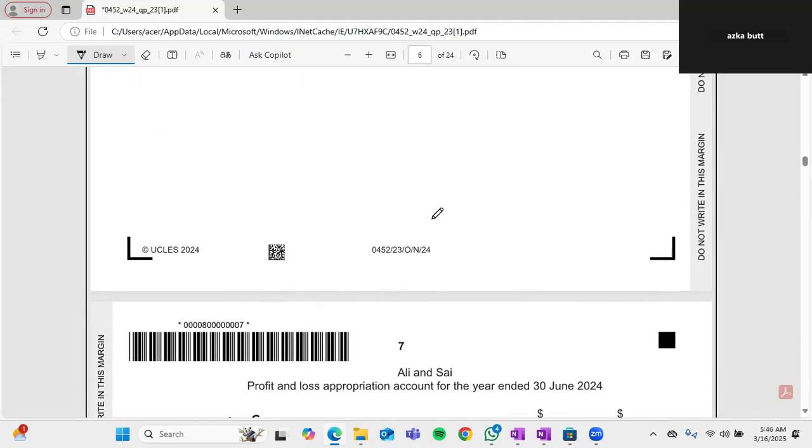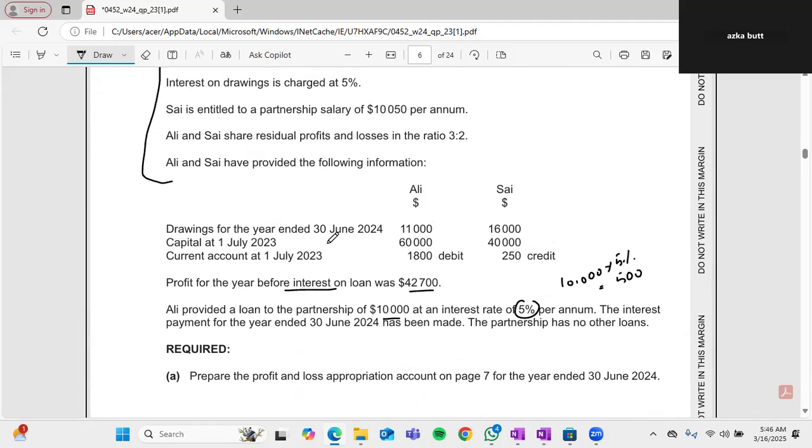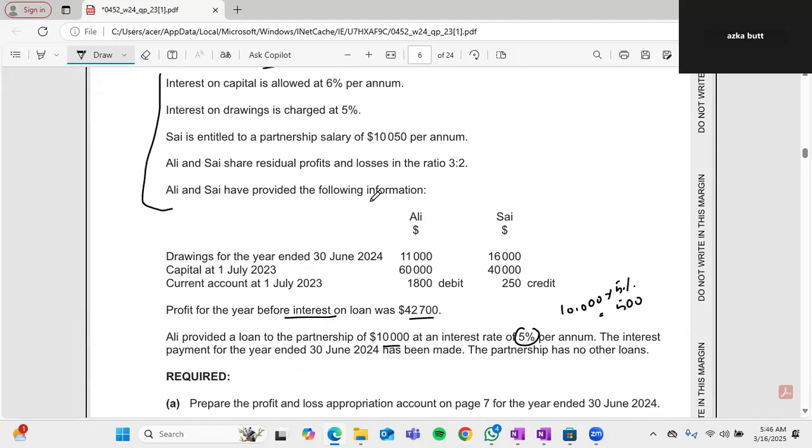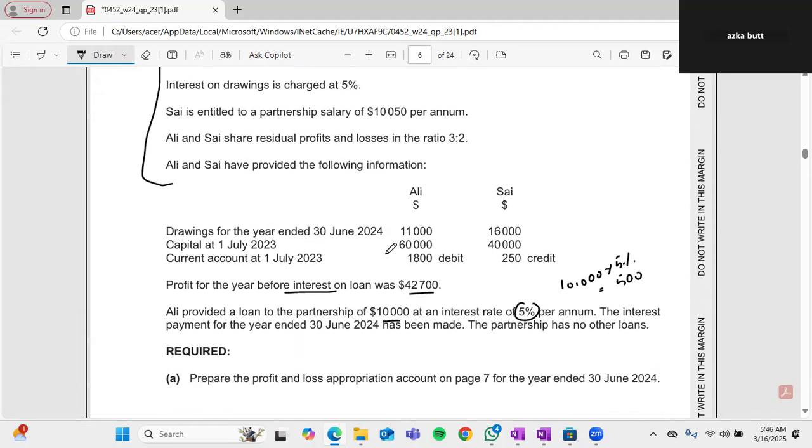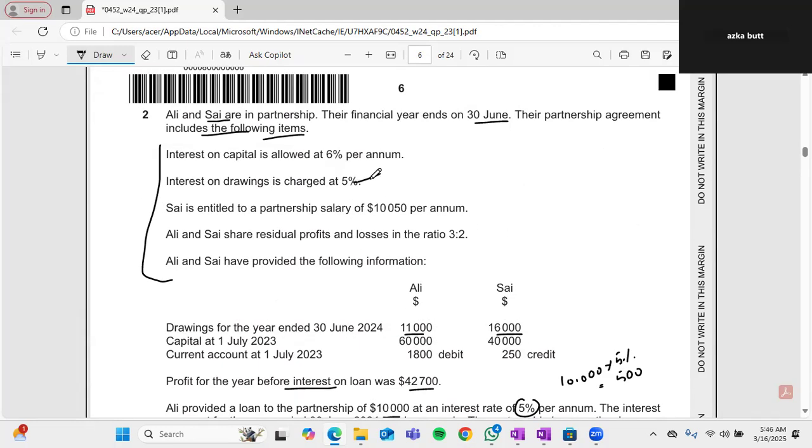Okay. Now let's see the interest on drawings. These are the drawings, 11,000 and 16,000, and the interest on drawings is 5%. So apply 5% on 11,000 and 5% on 16,000. You'll get the answer for drawings, which is 550 for Ali, and for Sayi this is 800.